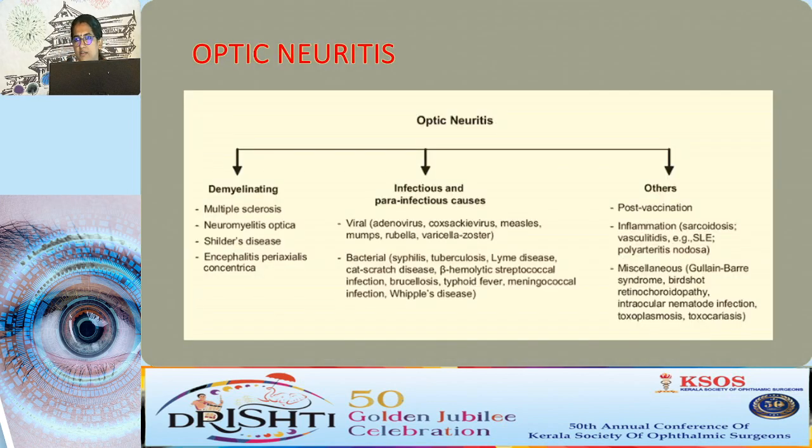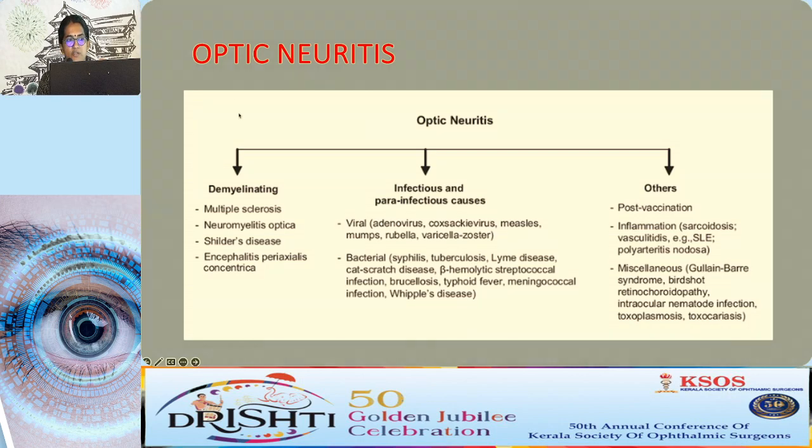Optic neuritis can have many causes, most of them systemic. So you can have a classification of demyelinating, infectious, para-infectious, and others. In the demyelinating group, we have the most common and most important one, multiple sclerosis, usually in young adults.